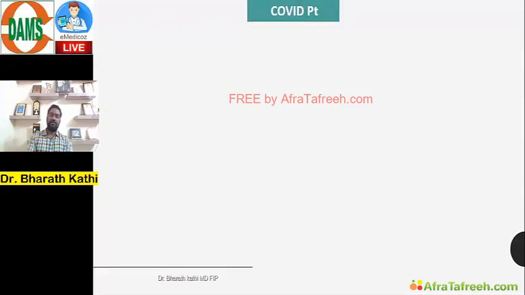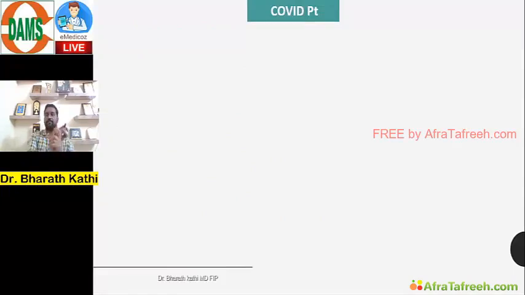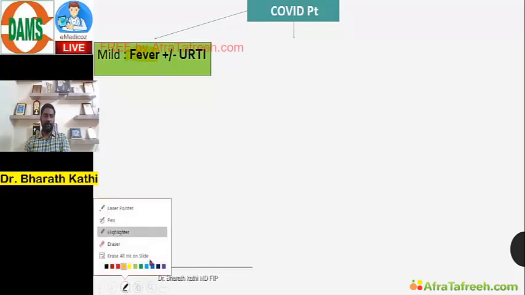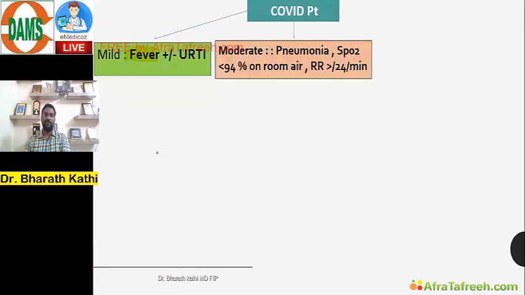Now coming to the treatment protocol, COVID-19 patient, very important. You should know when to call it mild, when to call it moderate, when to call it severe, when to admit the patient and what to administer to the patient. Mild means the patient will be having fever without features of upper respiratory tract infection.